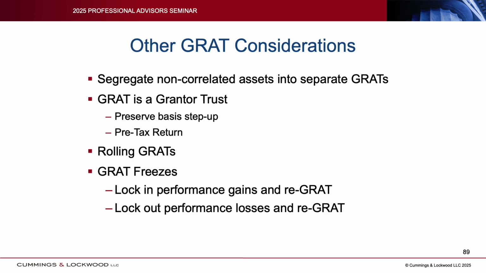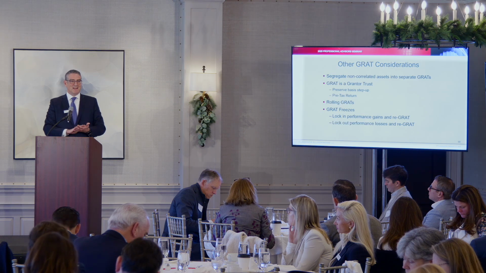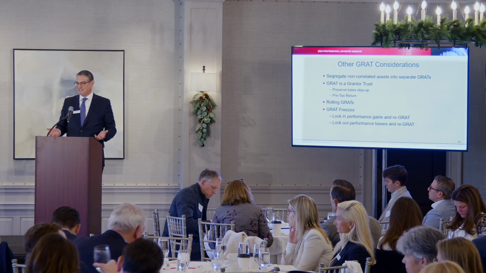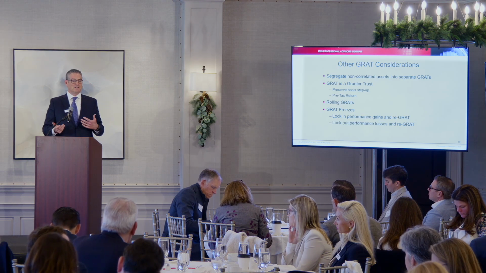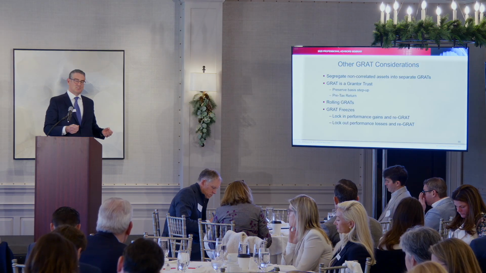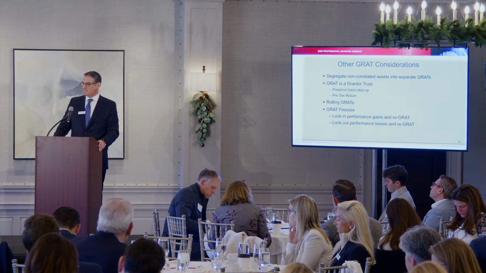Another strategy I want to focus on is rolling GRATs. And that is, if a client has decided that they already have enough money and they're willing to effectively use this strategy as an estate freeze because they don't want their estate to keep growing, because they're in a partnership. Anyone with a taxable estate is in a partnership with the government.